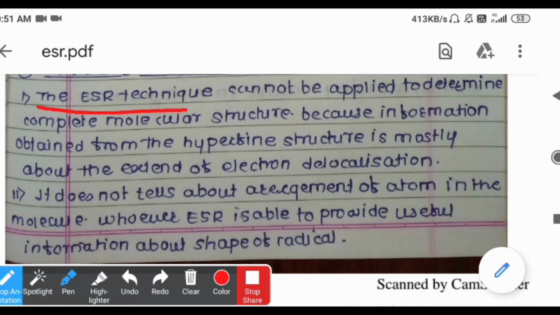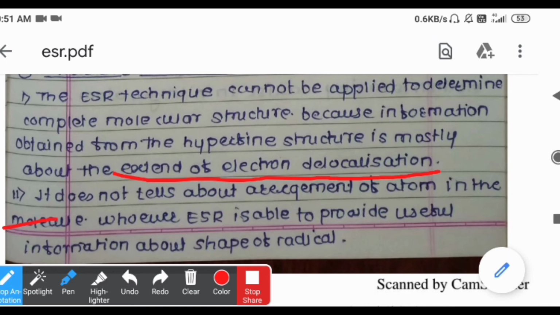But we can predict the number of surrounding magnetically active atoms based upon the hyperfine splitting. It does not tell about the arrangement of atoms in the molecule.